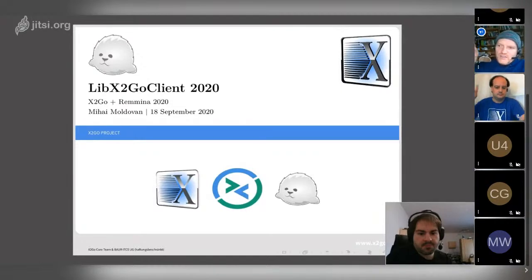Then we can drop the libSSH wrapper and have a libTCP wrapper or HTTP, whatever protocol we might use, and the X2Go specific library always sees the same API no matter what the protocol stack is.